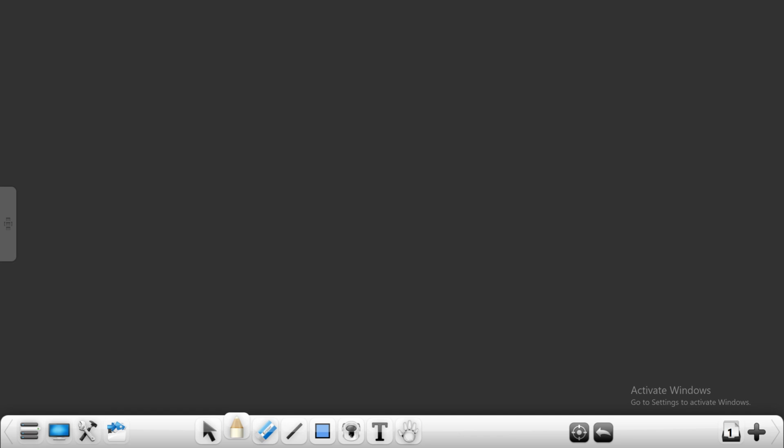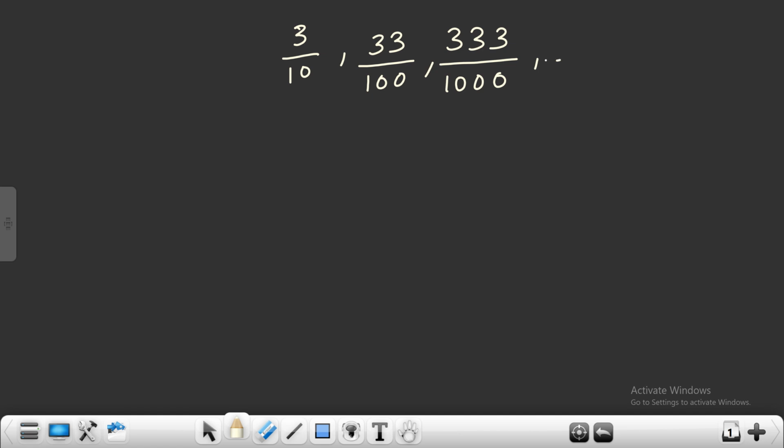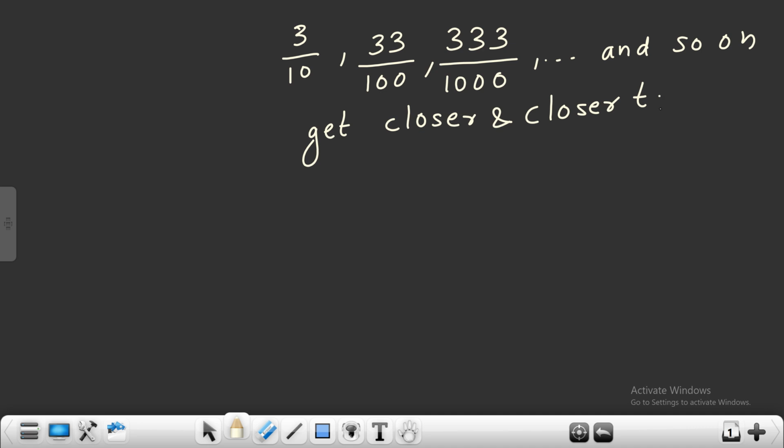From here the fractions 3 by 10, 33 by 100, 333 by 1000, etc. and so on get closer and closer to 1 by 3.